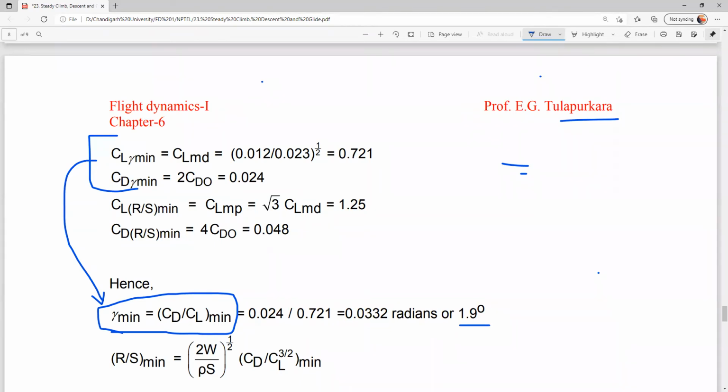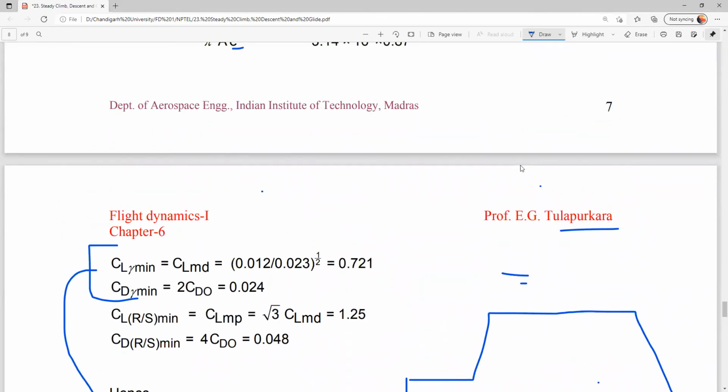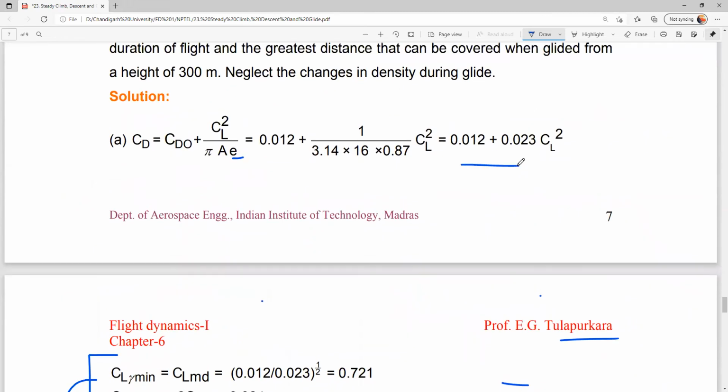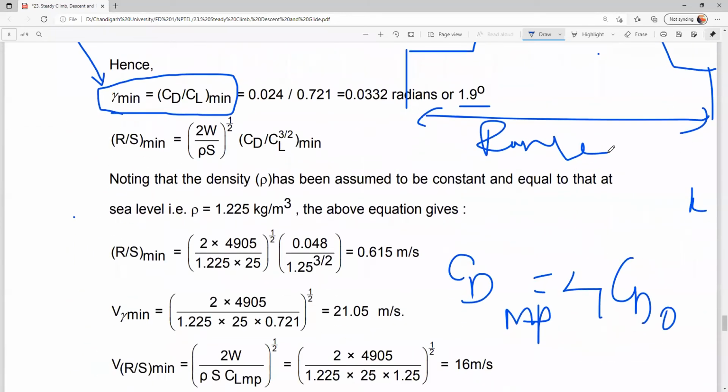For aircraft, the range will be calculated from takeoff to landing. But for glider without engine, obviously we are going to launch from some altitude, and it is going to descend and it is going to land. So from the initial launch position, we will be calculating the range. So for glider, range is different. For aircraft, range is different. So you should not confuse between glider range and aircraft range.